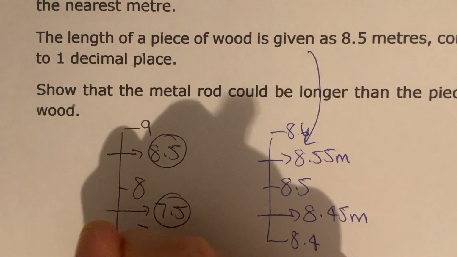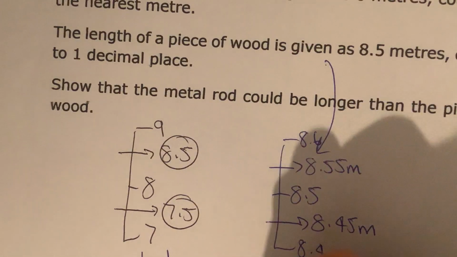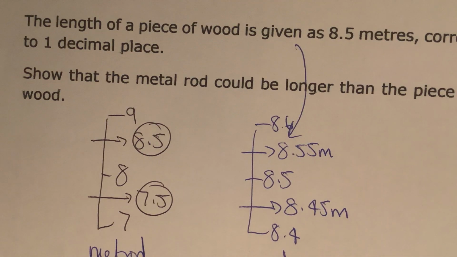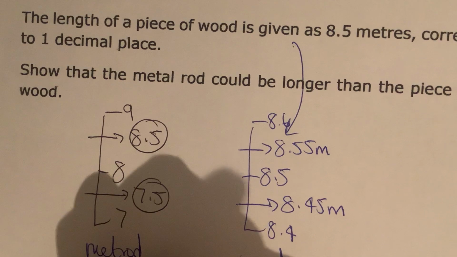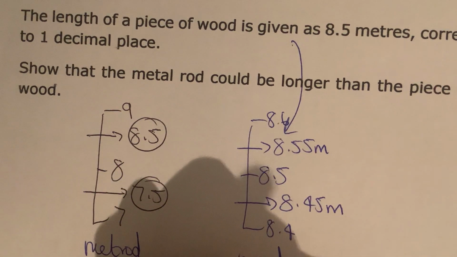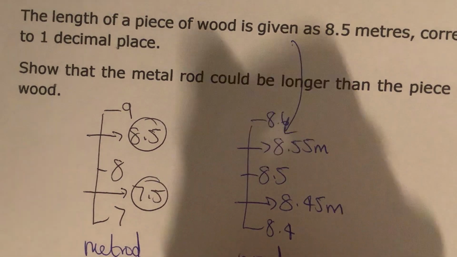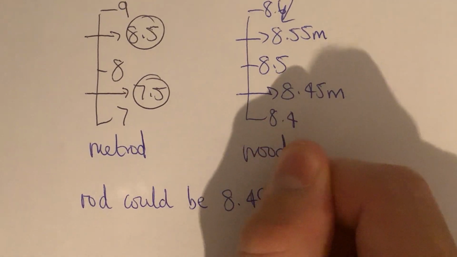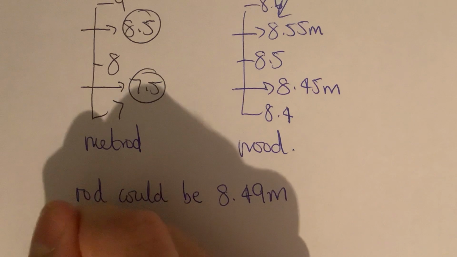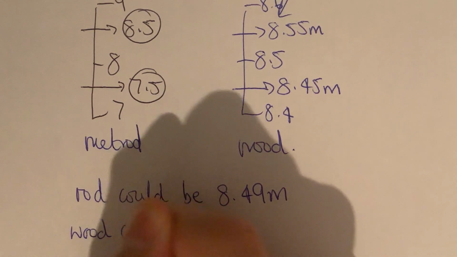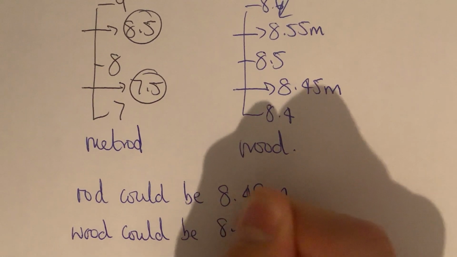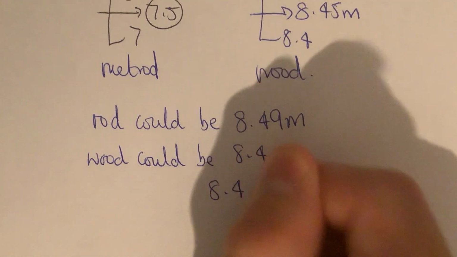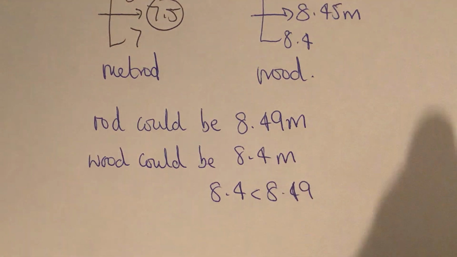So this is the metal rod and this is the wood. Show that the metal rod could be longer than the piece of wood. Well, actually the rod couldn't be 8.5 because that could round up, but it could be 8.49 metres, and the wood could be 8.4 metres, and actually 8.4 is less than 8.49.